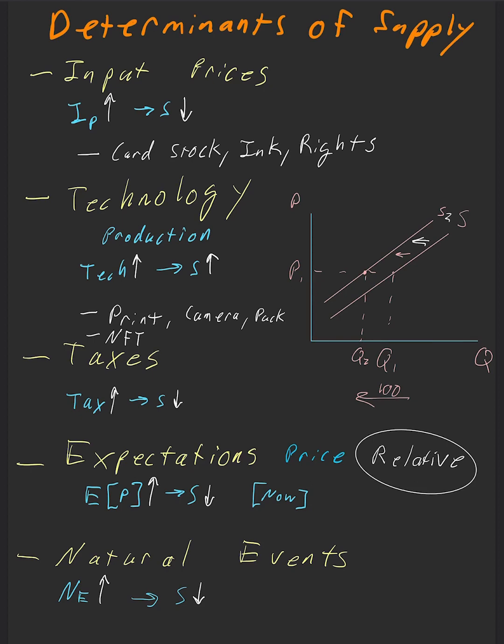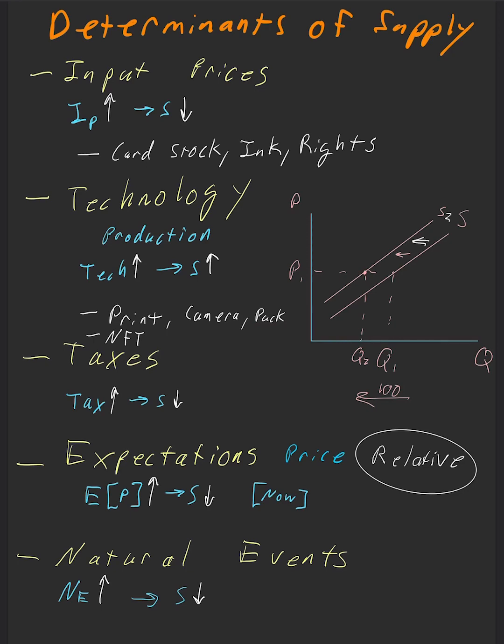Another determinant of supply is technology, right? And this helps us in production. If my technology improves, my ability to produce these things goes up, then the amount that I will supply will also go up. So what are some things that are technology in the baseball card world? Obviously printers, cameras, and the packaging that I put these cards in are all technologies or applications of technologies.